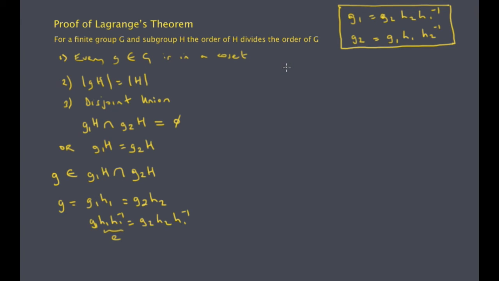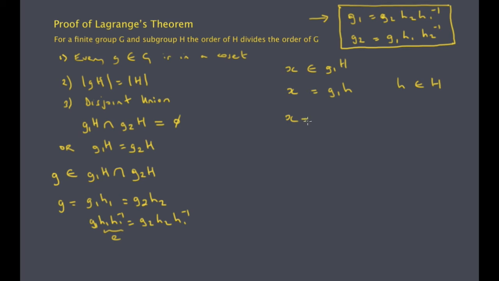So let's consider the element x, which is in the g1 coset. So we can write x equals g1 h for some little h in the big H subgroup, but g1 we can write in terms of g2 from that.